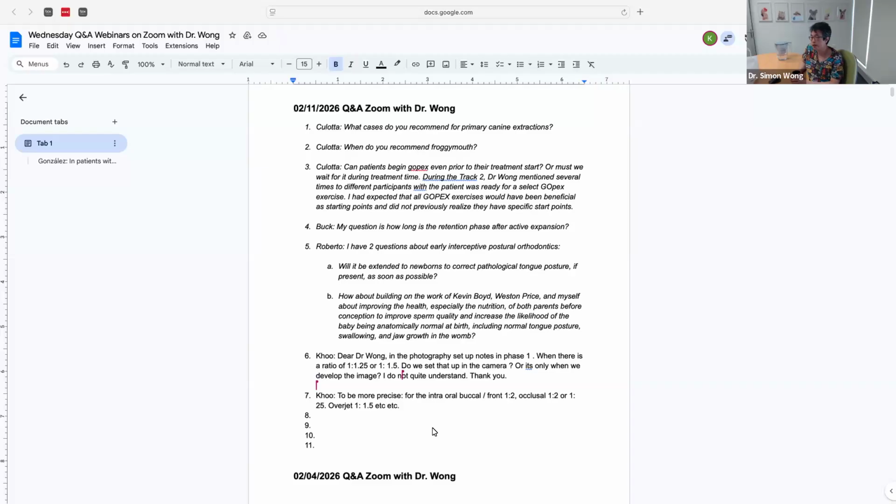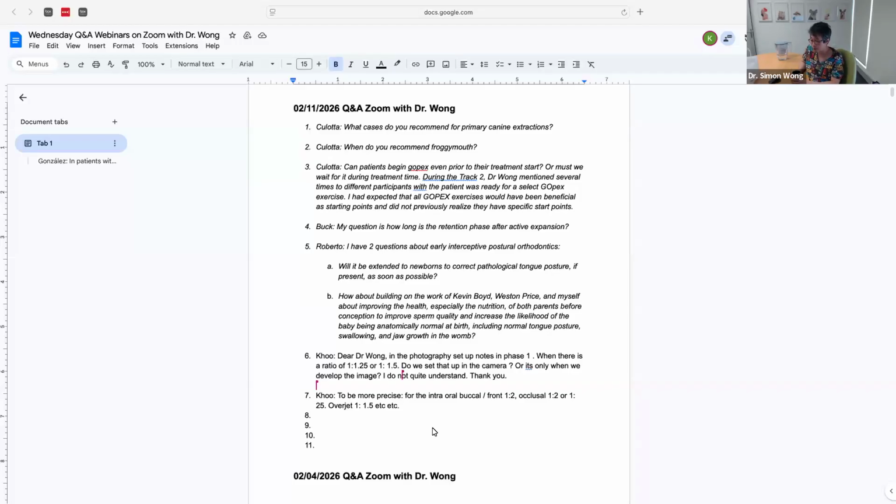So the next question is the same. In order to fill the frame at the right ratio, if you're using a film camera, you would preset the lens barrel to those ratios of 1 to 2, 1 to 1.25, 1 to 1.5. And then you would move yourself back and forth until the image was in focus.